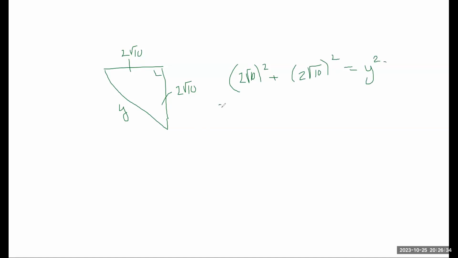So 2 radical 10 times 2 radical 10. Two times 2 is 4. Square root of 10 times square root of 10 is the square root of 100, which is just 10. Oh, and this is the same thing.